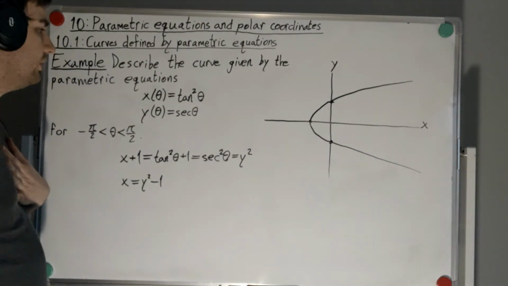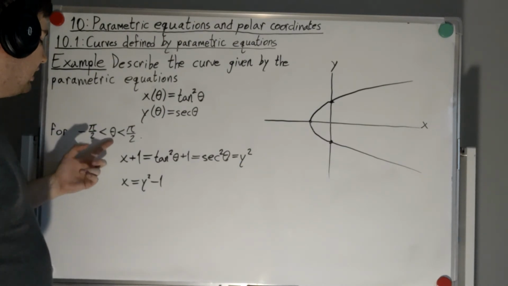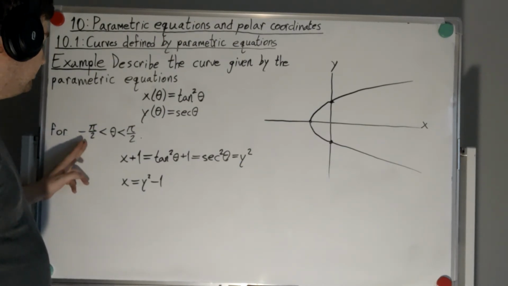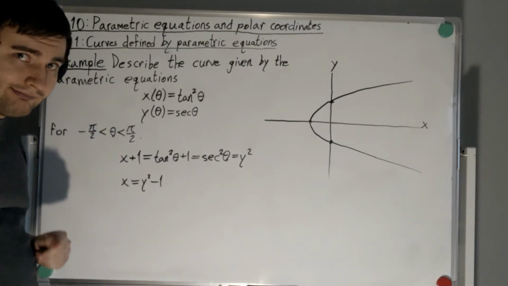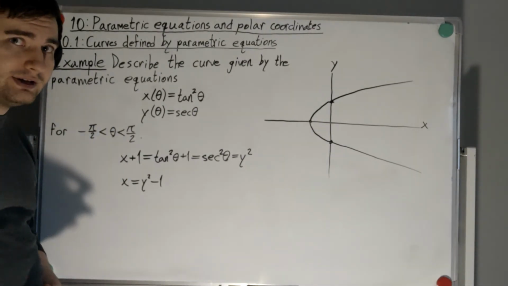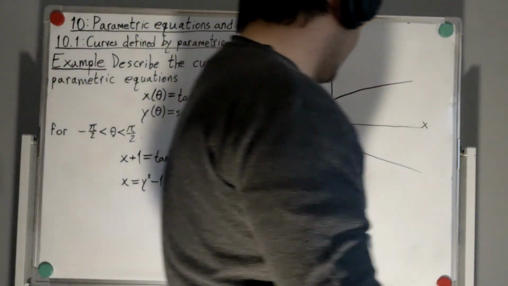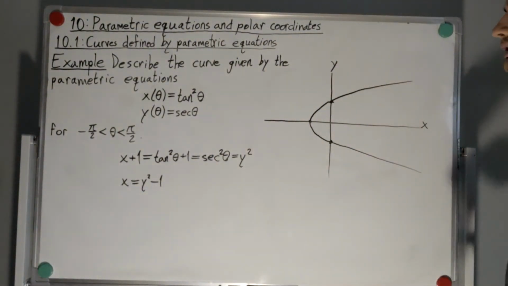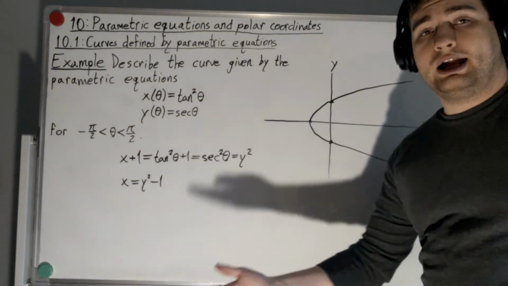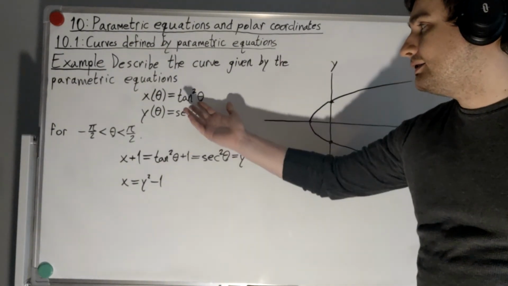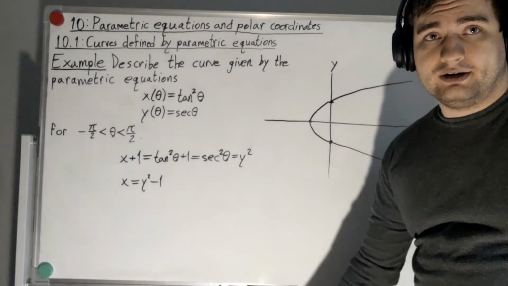And specifically, we were told that theta cannot be less than or equal to negative pi over 2. It cannot be greater than or equal to pi over 2. So let's think about that for a second. Well, okay, first of all, no matter what theta is, x has to be non-negative because it's the square of some real number.